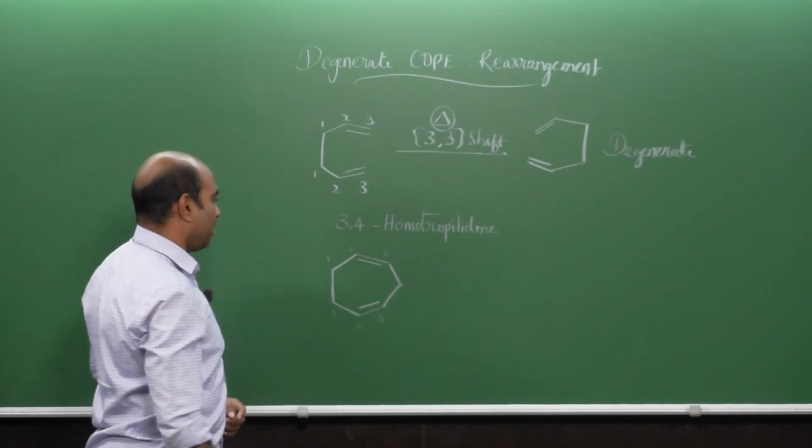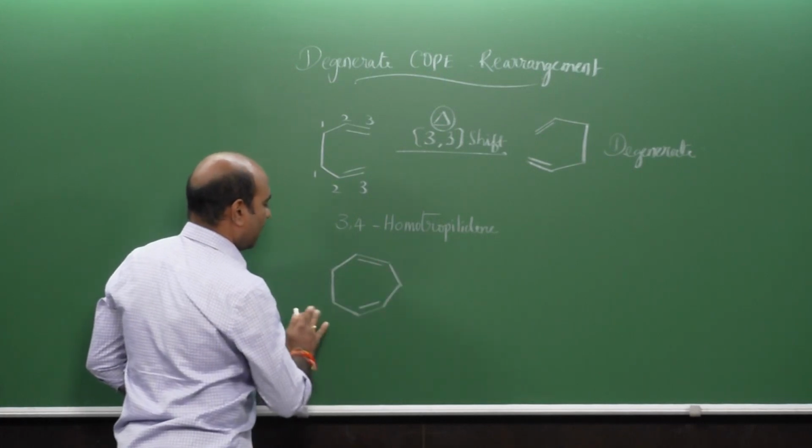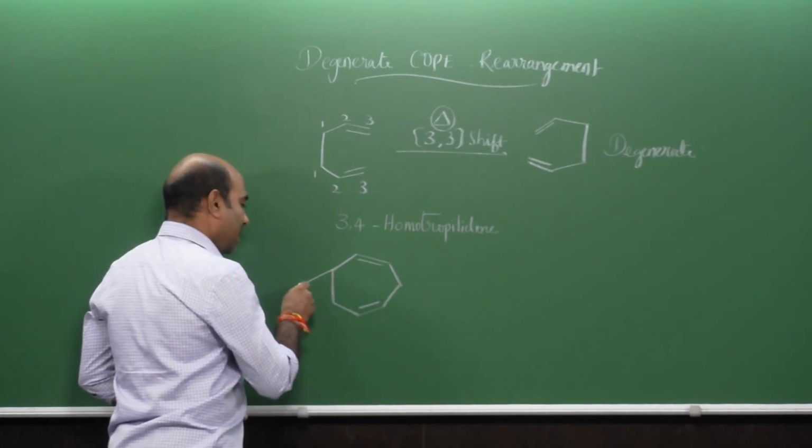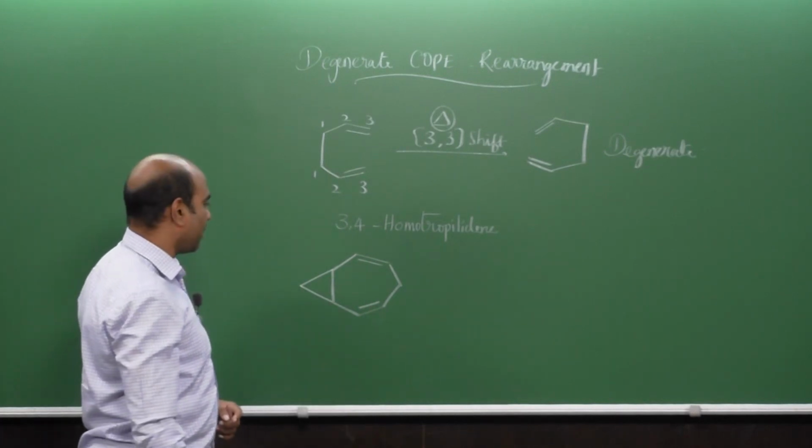Therefore it is capable of undergoing the Cope rearrangement. What is happening here in 3,4-homotropylidine is that you can see a cyclopropane ring structure.